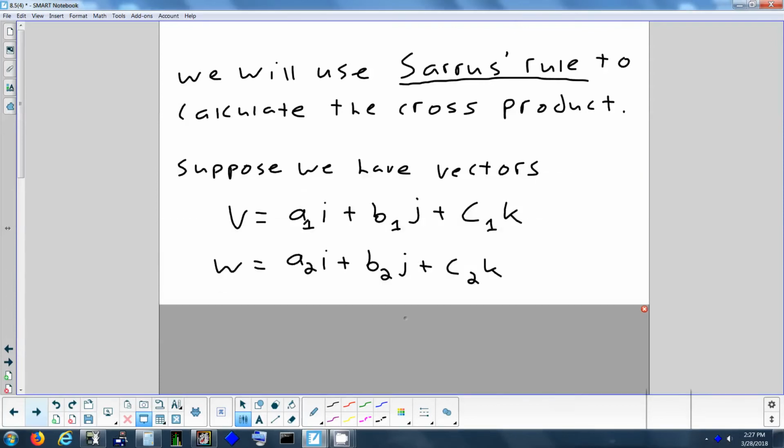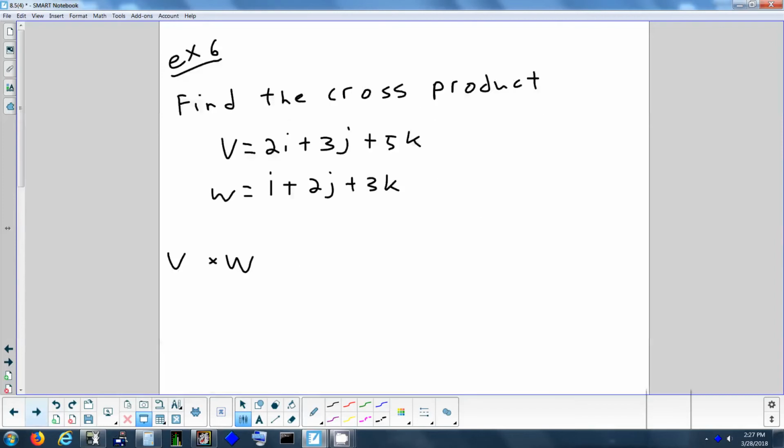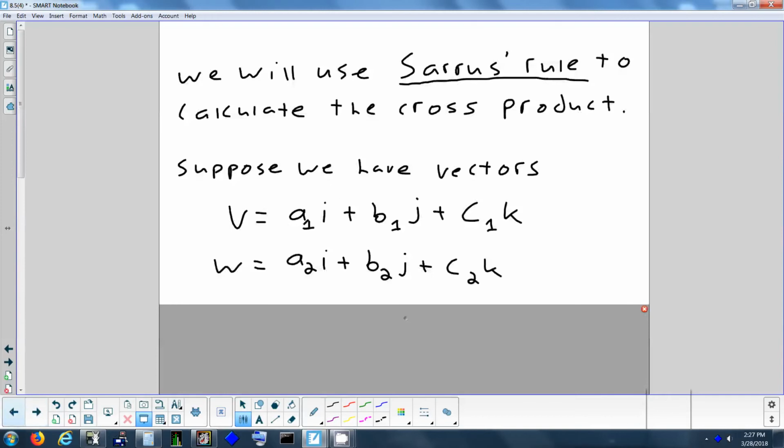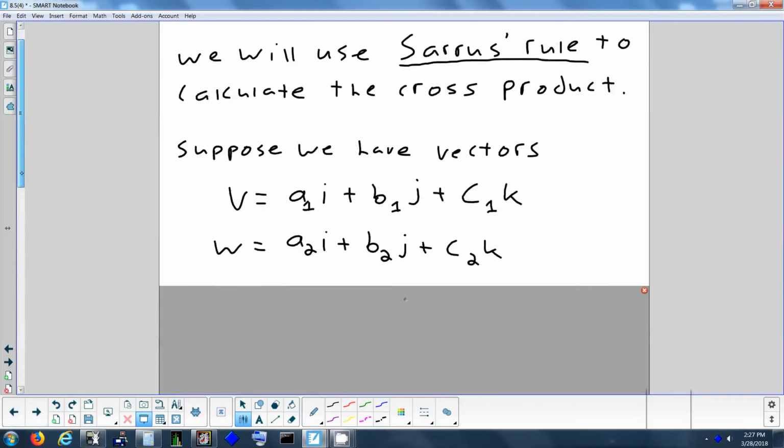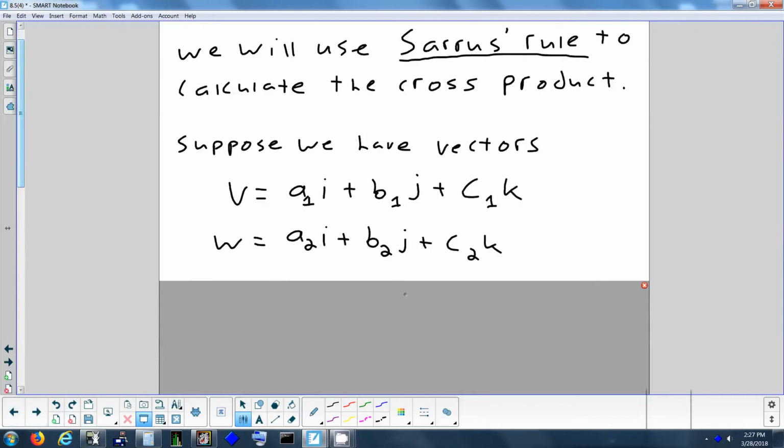So you would start with two vectors. When we do a real problem, they would be numbers, but for now, I'll just represent the components as A's, B's, and C's. Sarrus's rule is a very visual type of thing.